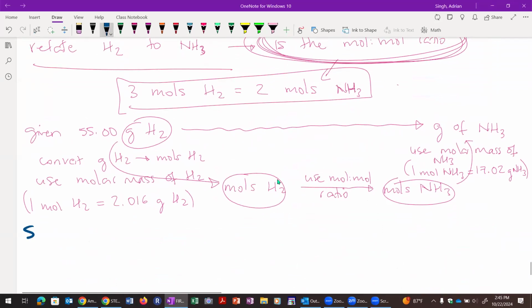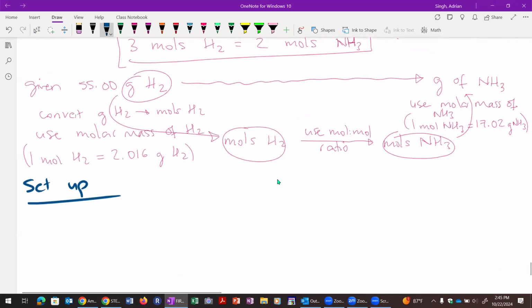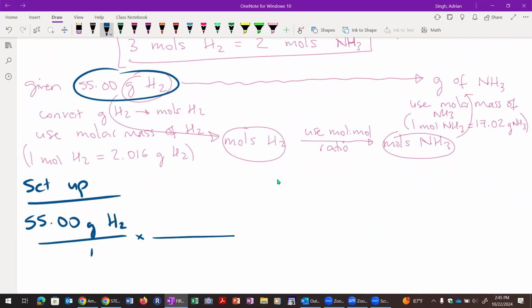Let's go ahead and set this up now using all of these conversion factors that we outlined. So we always start with what's given. So we have the 55.00 grams of H2. Put that over 1. First step would be to convert the grams into moles.